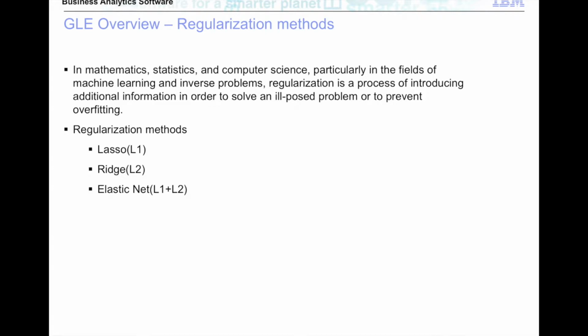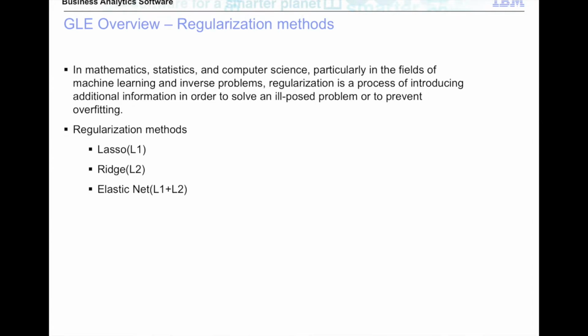To prevent overfitting, SPSS GLE also supports lasso, ridge, and elastic net regularization methods. Lasso is also known as L1 regularization, which can also be used for predictor selection. Ridge is known as L2 regularization. The method prevents overfitting by shrinking the parameters.